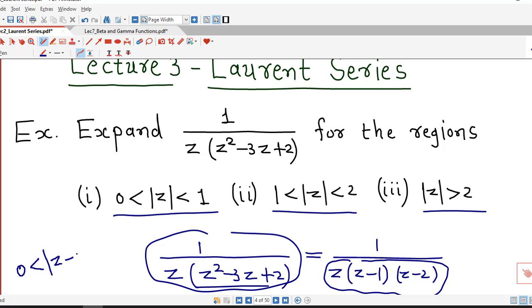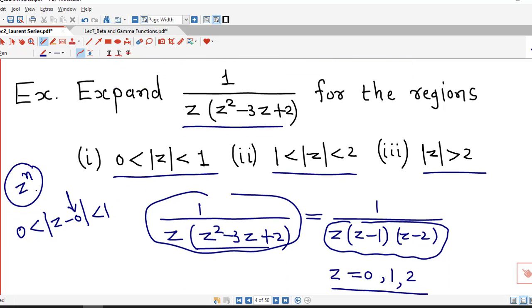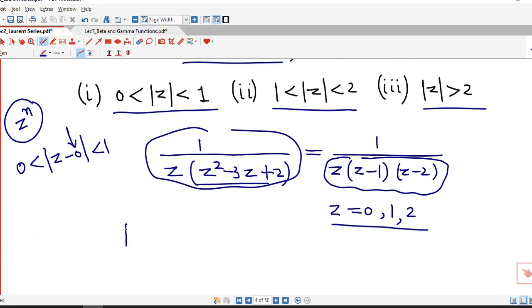Here we are asked to find the Laurent series with center 0. That means we are interested in the Laurent series in powers of z. So the center of the Laurent series is 0, and we have to think of domains of this type: r1 less than absolute value of z minus center less than r2.